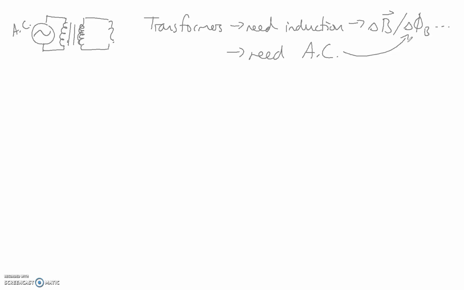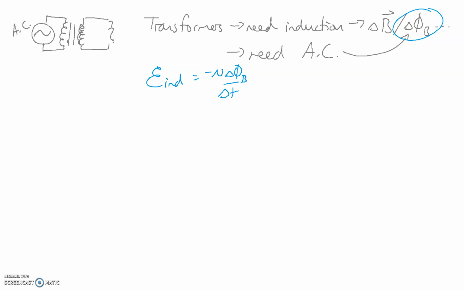Now, when you have the whole AC thing going on, you have to have that changing flux. So let's go back to our original expression for induced EMF. For the induced EMF, you guys had negative N change in flux divided by change in T. We're going to show you how this actually works, where it comes from for AC.